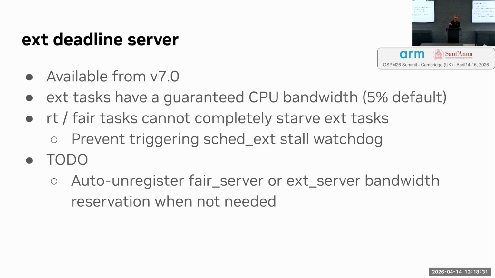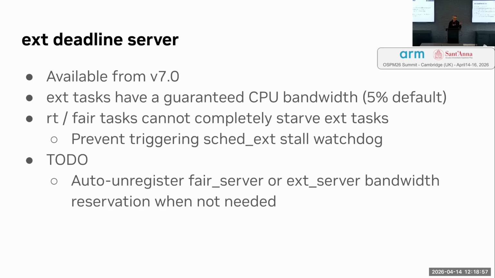So they both get 5%, and the rest would be reserved to real time. What would be nice is, if you load a BPF scheduler, not in partial mode, there's no reason to keep the FAIR bandwidth reservation active, because essentially nothing will run there. So ideally we want to automatically unregister the bandwidth.